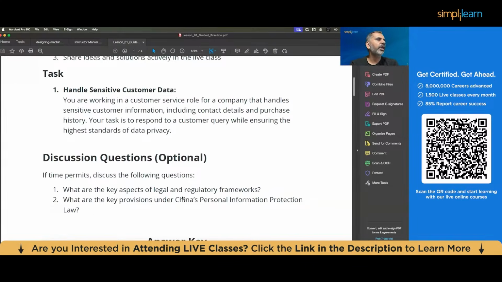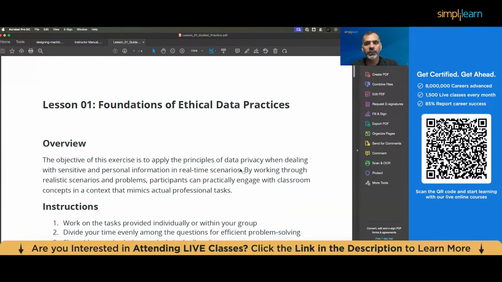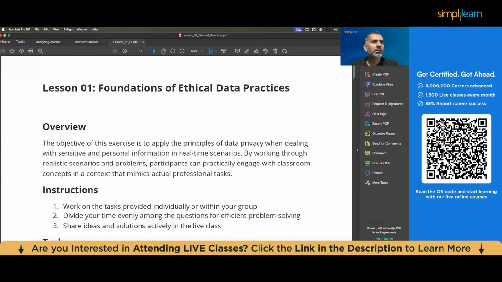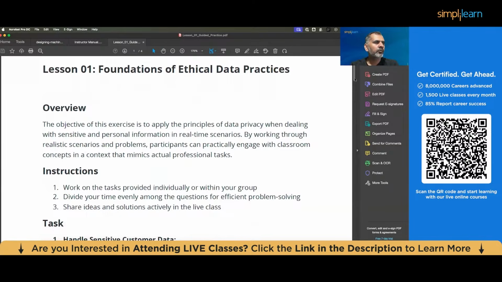So we have a few questions, and you need to think about how you are going to implement these policies in your organization. Let's suppose I ask you how to handle sensitive customer data. So what is your way after learning all these ethical data practices? How can you handle this customer data?